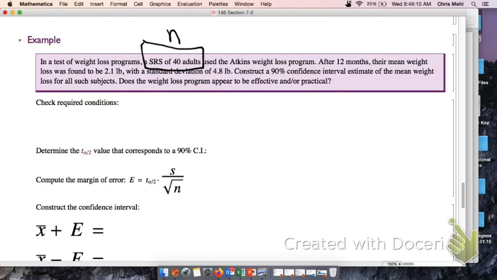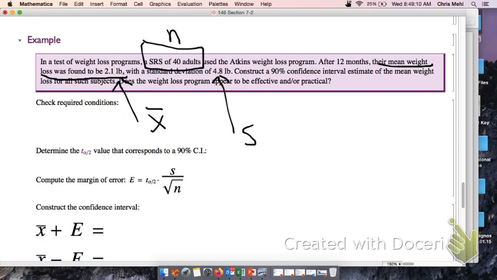After 12 months, their mean weight loss was found to be 2.1. That's going to be the x bar. And it says that the standard deviation is 4.8. That's going to be your s.